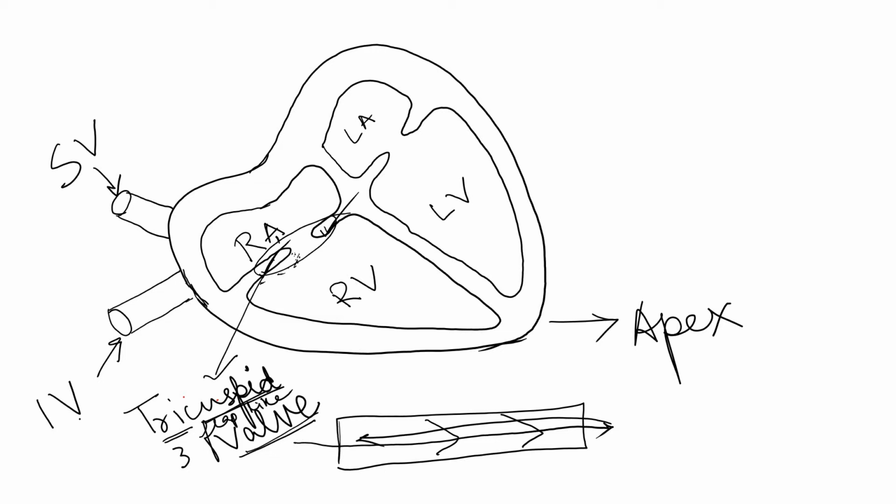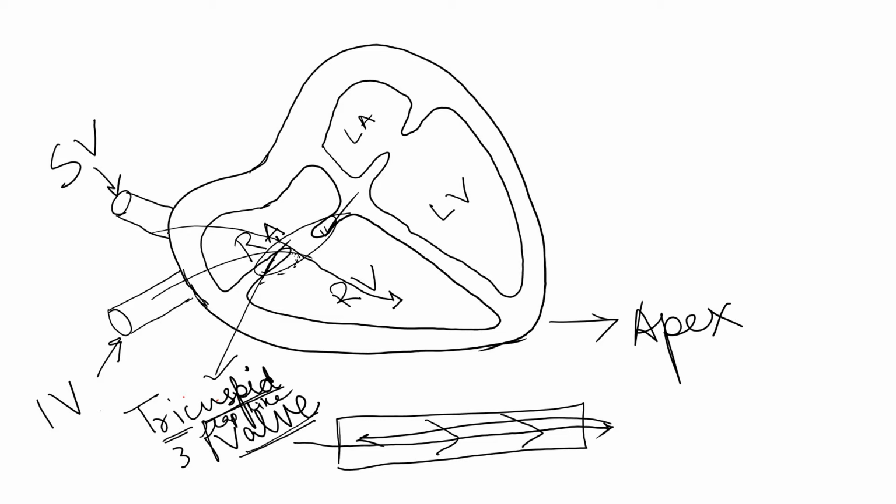So the blood coming via the inferior vena cava to the right auricle enters the right ventricle through a tricuspid valve. As the valve is present here, the blood from the right ventricle cannot backflow to the right auricle. Once it has passed, it has passed. Now the blood has entered the right ventricle.